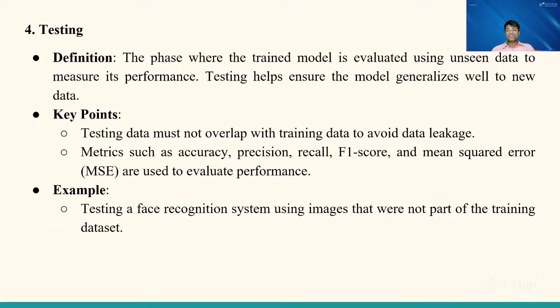We have mean squared error, and also root mean square error, RMSE. So a lot of techniques are there. Mean square error and root mean square error are basically used for regression problems, and accuracy, precision, recall, F1 score are used for classification problems.